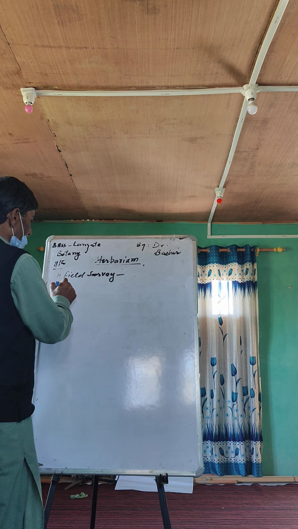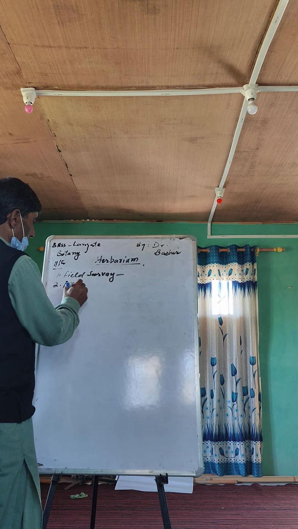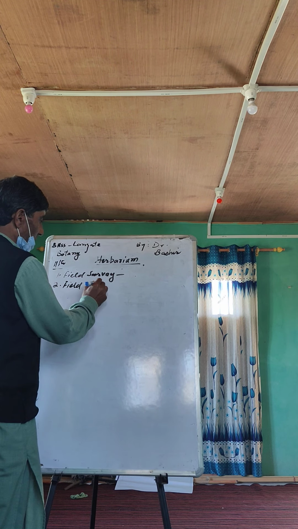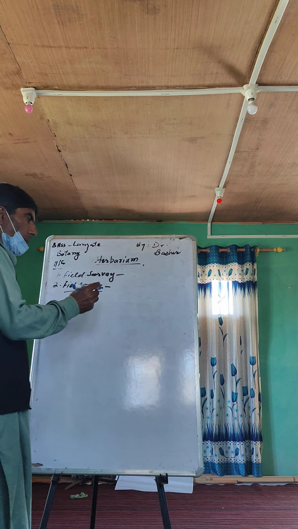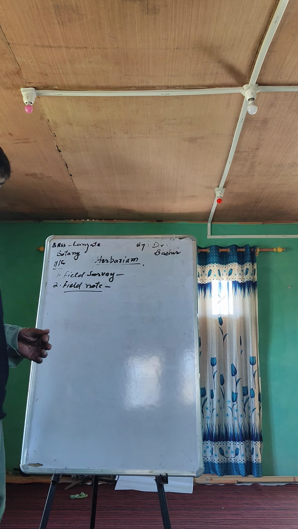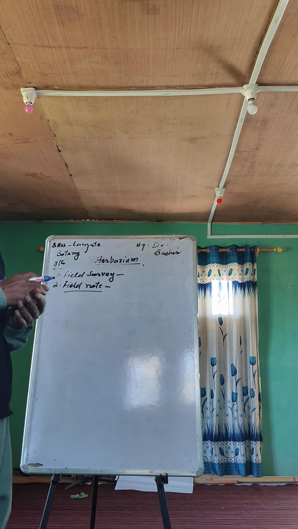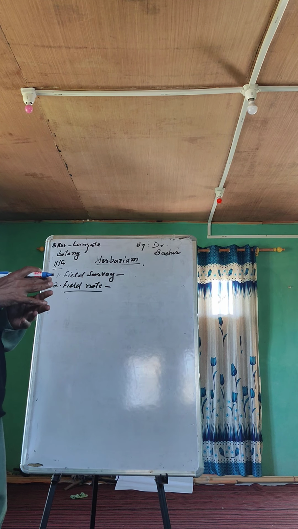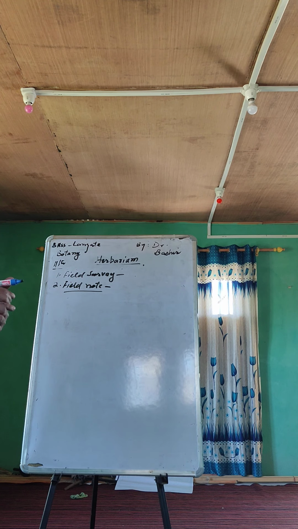Number two is the field notebook. The field notebook is the second important tool you must be accompanied with. It is required to write the information when you reach the survey field: what you found, what kinds of plants are mostly present there, what their climate is, what the temperature is at present. Also at what growth phase the plant is, whether flowering is present, only leaves are present, or it is in bud stage.